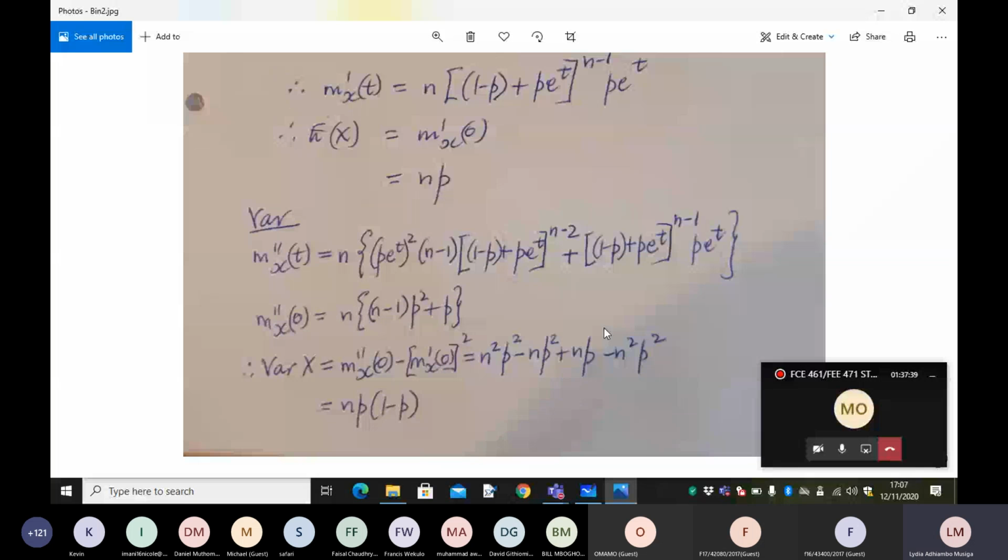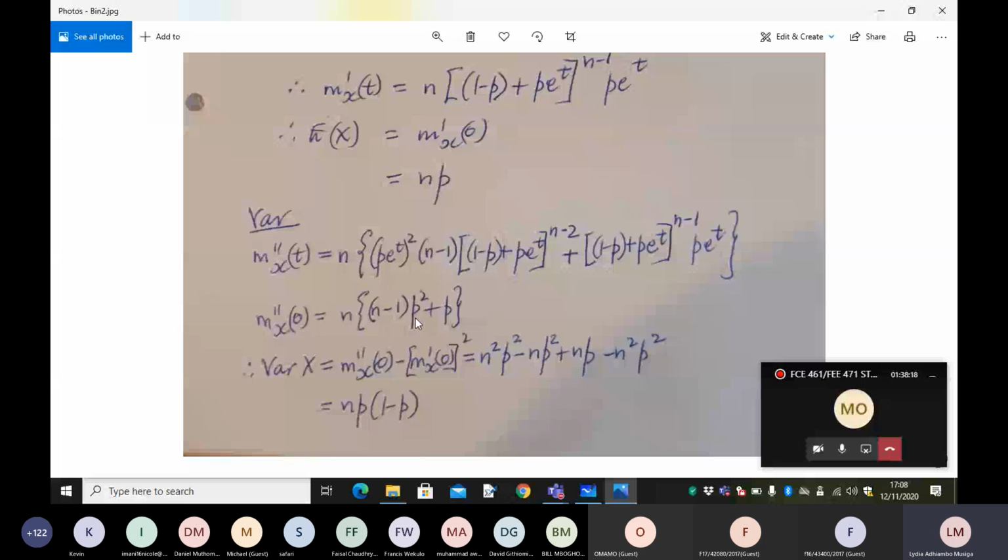You know we are differentiating that using the product rule. And so once we get the long expression, then we need to get m prime prime x of 0. Where there is t, we put a 0, and this gives us n into n minus 1 p squared plus 1, close the bracket. I know it's a long expression, so I should give you 1 minute.